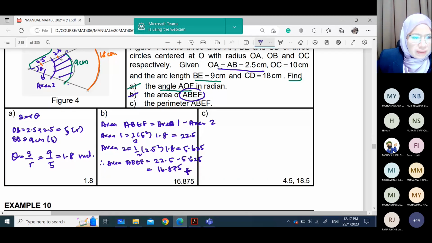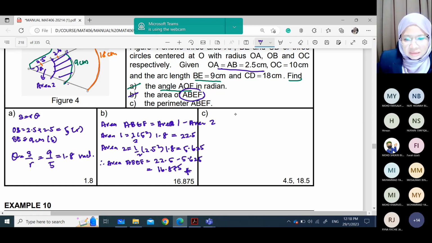Perimeter bagi A, B, E, F. Okay, so you kena cari arc untuk yang ini, arc E, F. Dan juga A to B, dah tahulah A to B sama dengan E, F. Okay, 2.5.